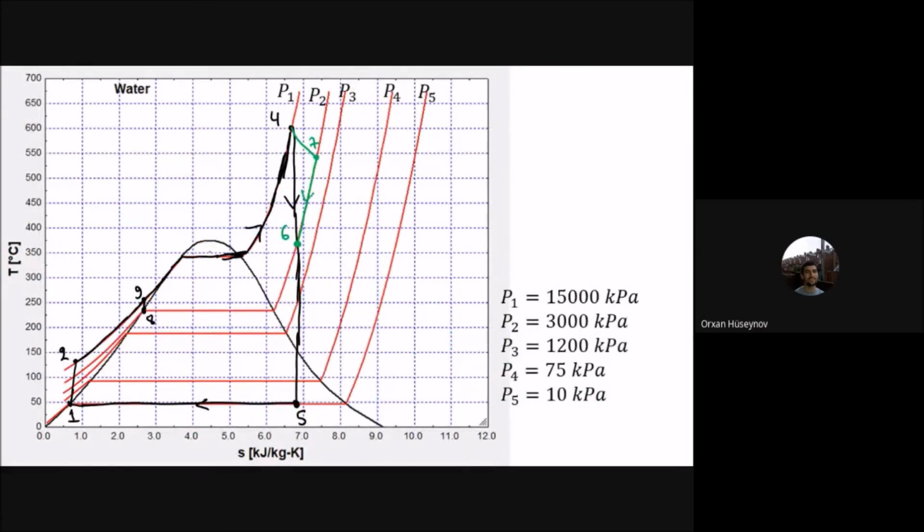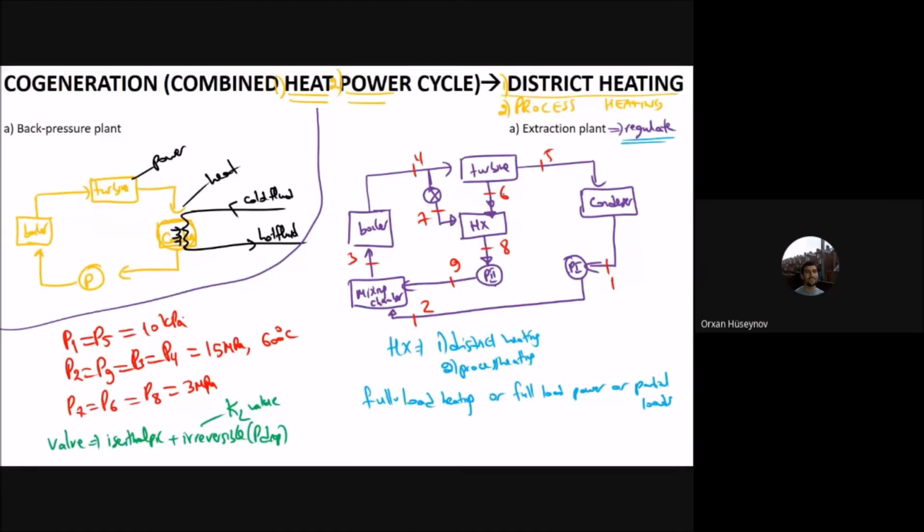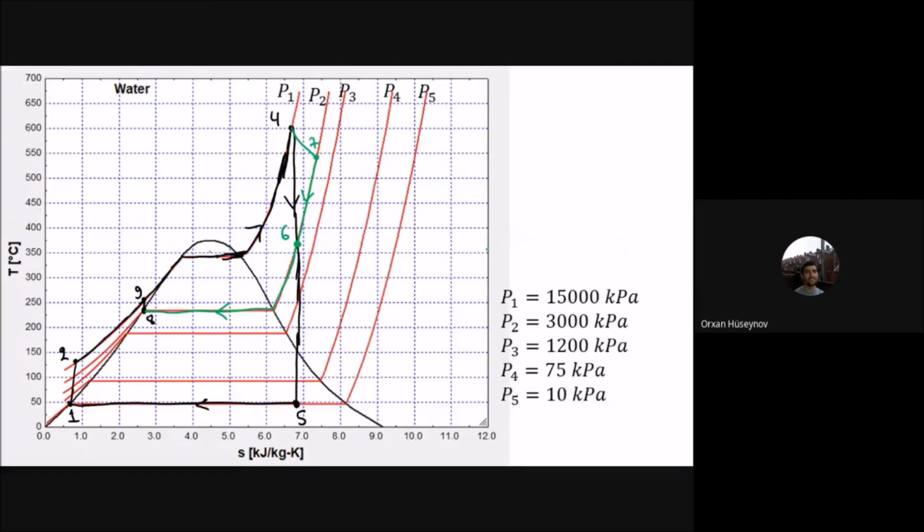Enthalpy of 7 drops, enthalpy of 6 also drops, and you get 8. When 7 and 6 are mixed, the enthalpy drops, or the temperature drops, and you get 8. You see what you have done here.